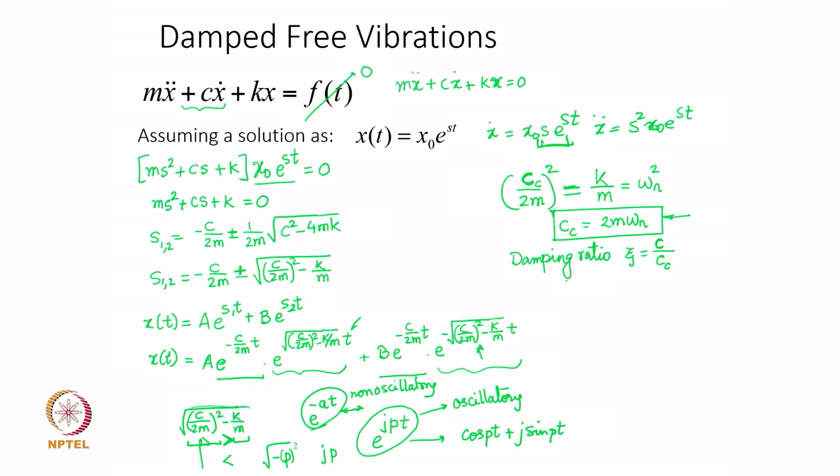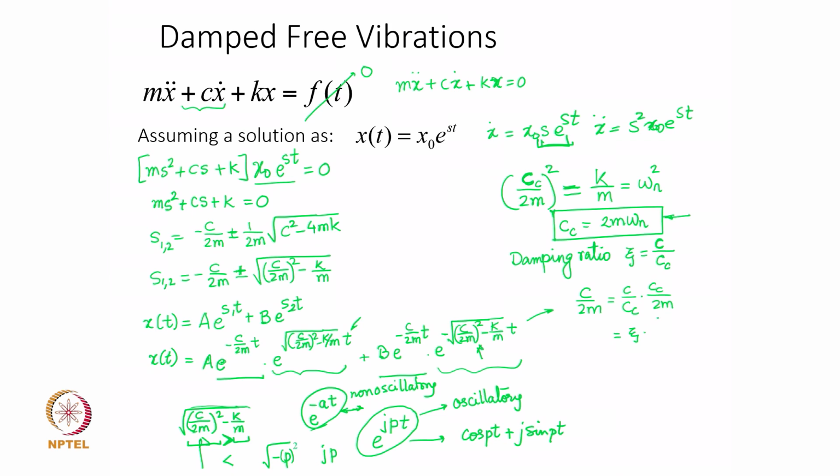Now if we go back to this particular expression, C over 2m is the term that is appearing in both cases, and I will write here C over 2m as, I want to get rid of this C. So, C over Cc and Cc over 2m, and I will replace the C over Cc as the damping ratio or damping factor.